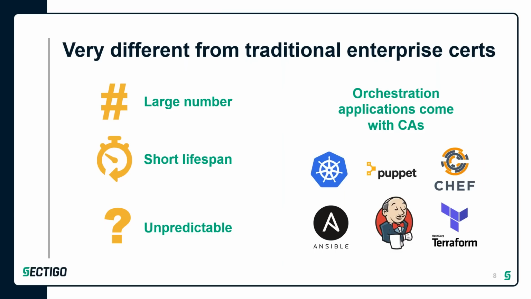Exactly. A variance of lifespans. The only thing you can be assured of is it's probably a large number of certs. Right. So just as the lifespan goes down by orders of magnitude, likewise the number of certs increases proportionately.